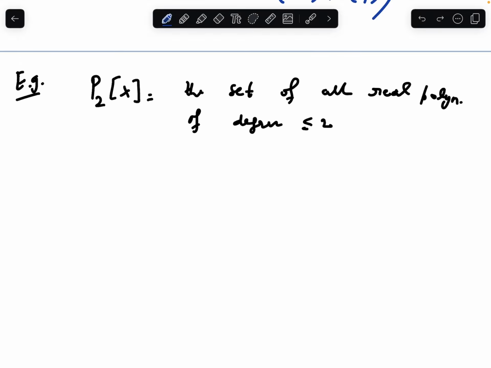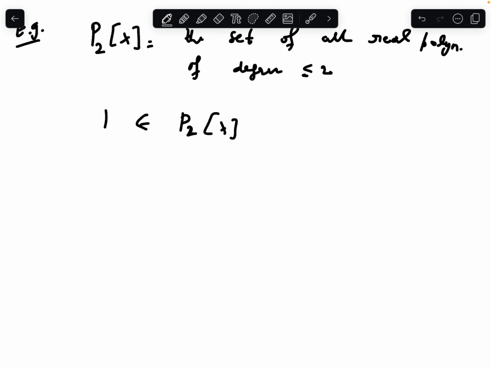Now, the question is, can you find what spans this space? Well, I say that 1 is inside P2, right? 1 is inside P2. And polynomial x is also inside P2.